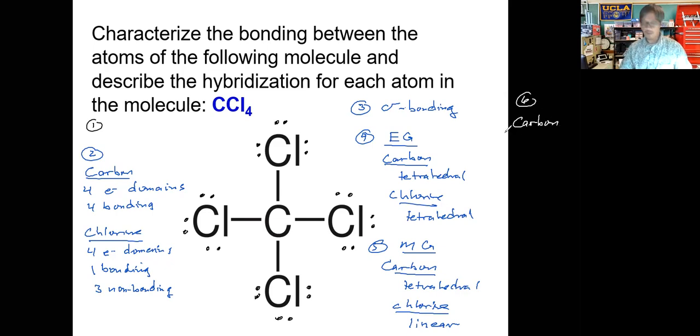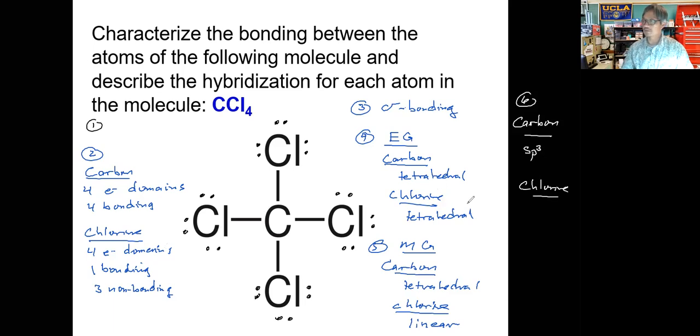Carbon has 4 electron domains. It is tetrahedral, so we know that carbon will be sp3 hybridized. So this carbon here is going to be sp3 hybridized. The chlorine as well has 4 electron domains.